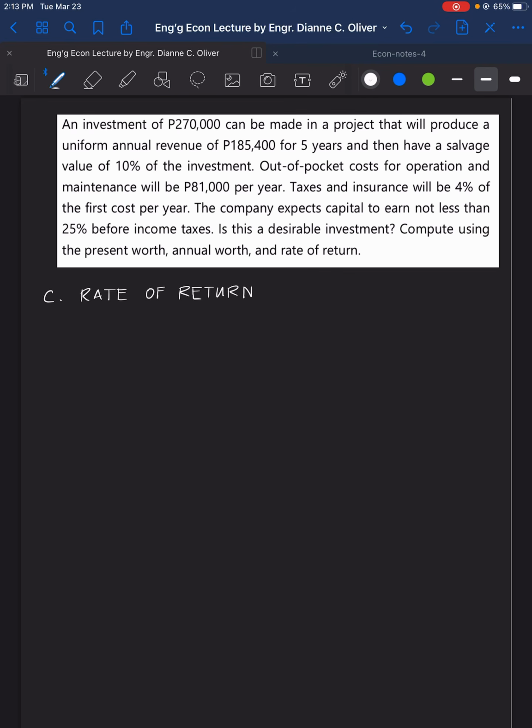So for annual cash inflow, 0, 1, 2, 3, 4, 5.